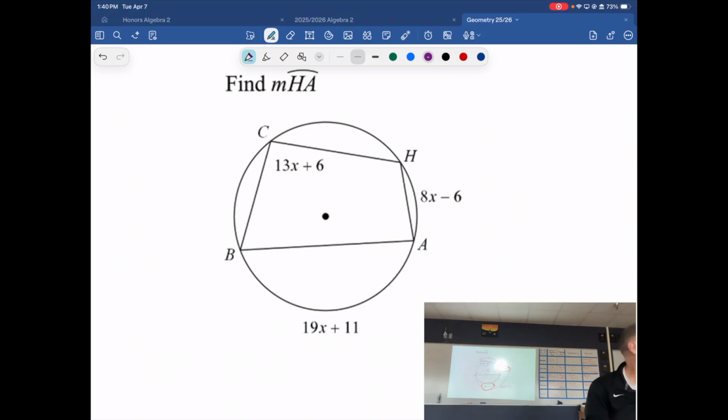Add them together and set it equal to, not 360, 26x plus 12. So we're going to go 8x minus 6 plus 19x plus 11. That has to equal 26x plus 12.